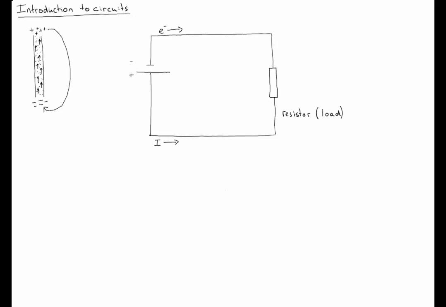Now if we were to measure the potential difference across the battery or the cell that I've drawn here, we would find that the electrons going in here would have a lower potential energy than the ones coming out here.